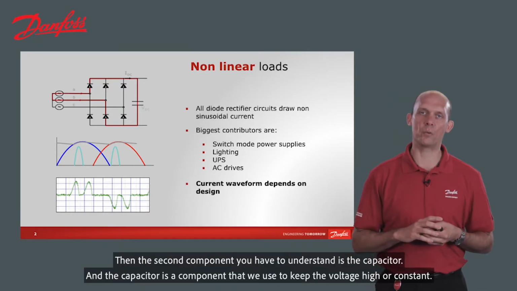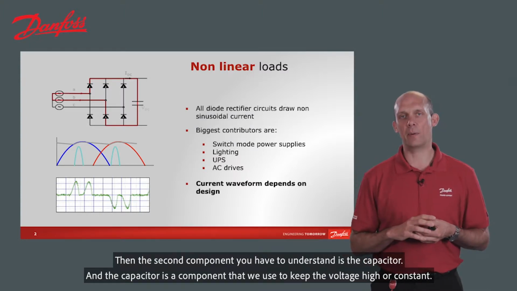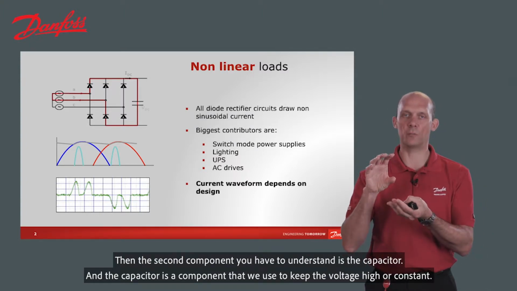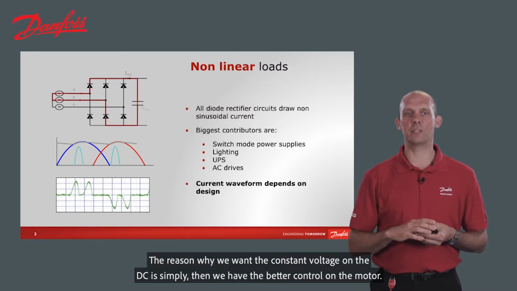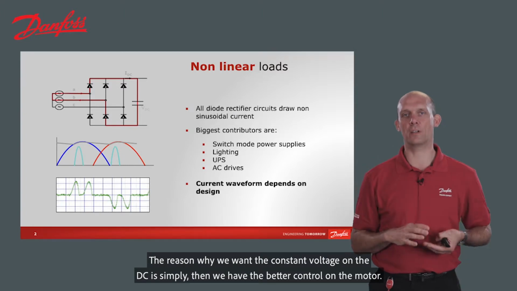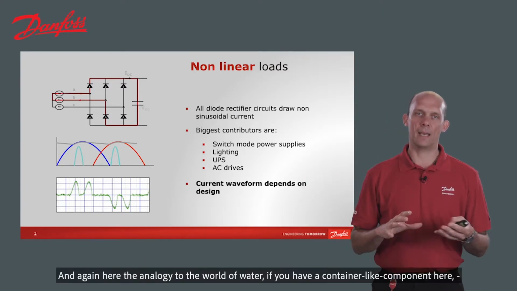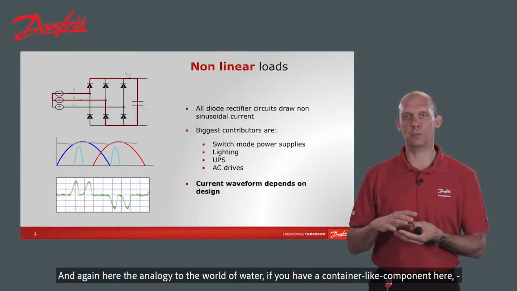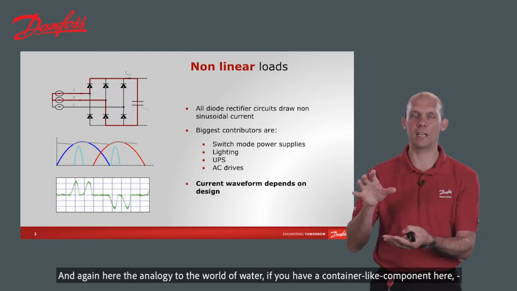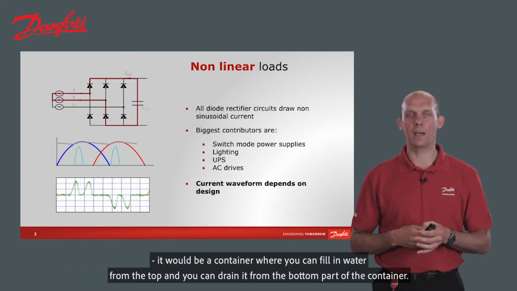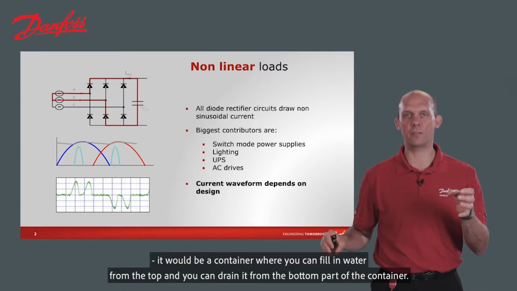Then the second component you have to learn here is the capacitor. The capacitor is a component that we use to keep the voltage high or constant. The reason why we want a constant voltage on the DC is simply that we then have better control of the motor. Again, an analogy to the world of water: imagine a container where you can fill in water from the top and drain it from the bottom part.